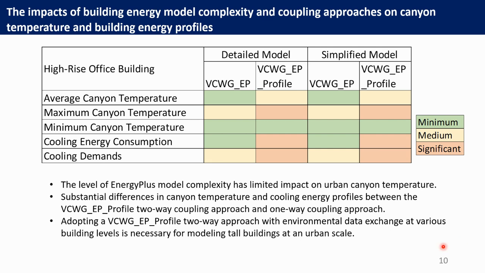However, we did observe that the maximum canyon temperature as well as the cooling energy consumption and cooling demand can be substantially different when we use the one-way coupling approach versus the profile-based and detailed two-way coupling approach.